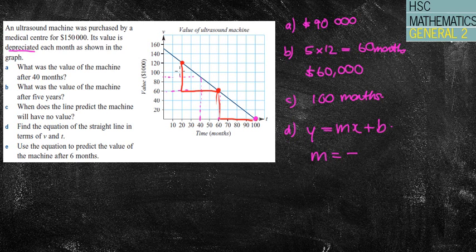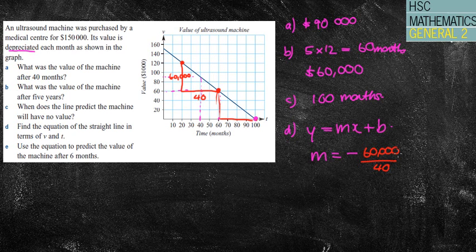Doesn't really matter. But in this case, 120 take away 60 is 60. But remember, that's 60,000. And that goes from 20 to 60. So that's going to be 40. So my gradient is negative 60,000 divided by 40.